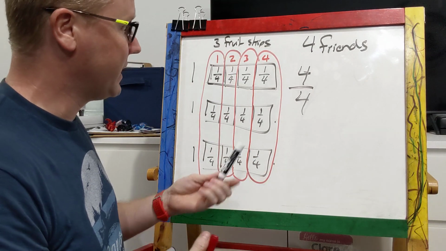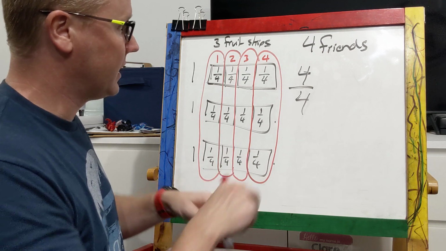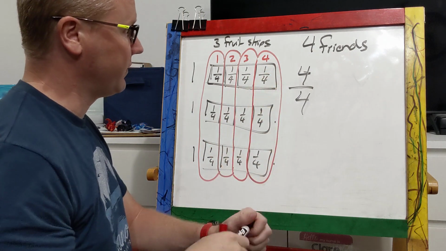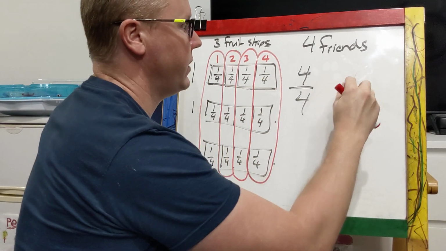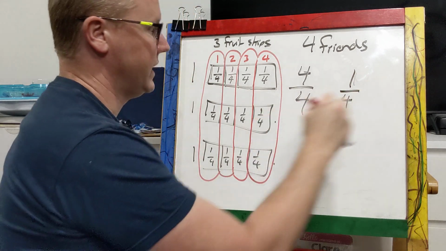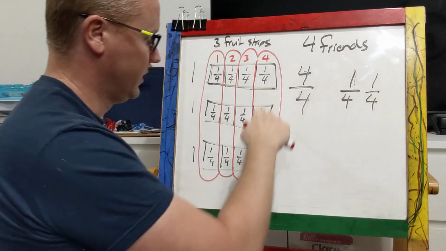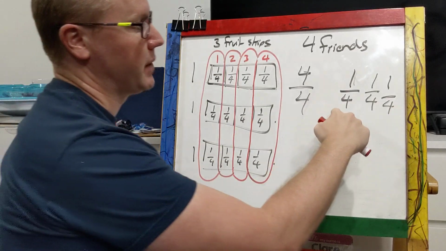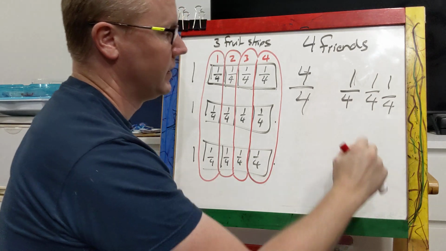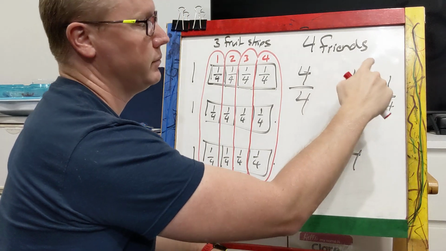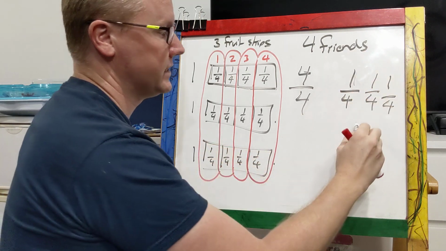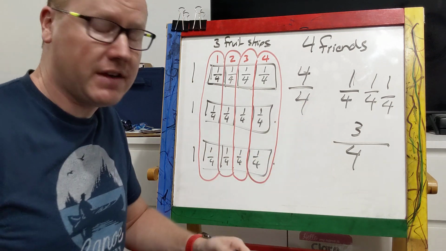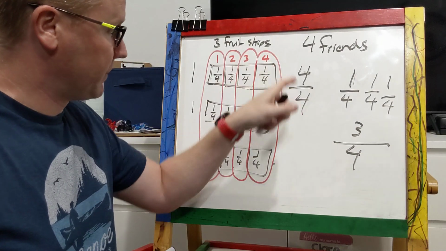We're going to add them up this way. I have 1/4 for friend 4, plus 1/4 plus 1/4. Remember we keep our denominator the same and we add up the numerator. 1 plus 1 is 2, plus 1 is 3. So each friend would get 3/4 of a fruit strip.